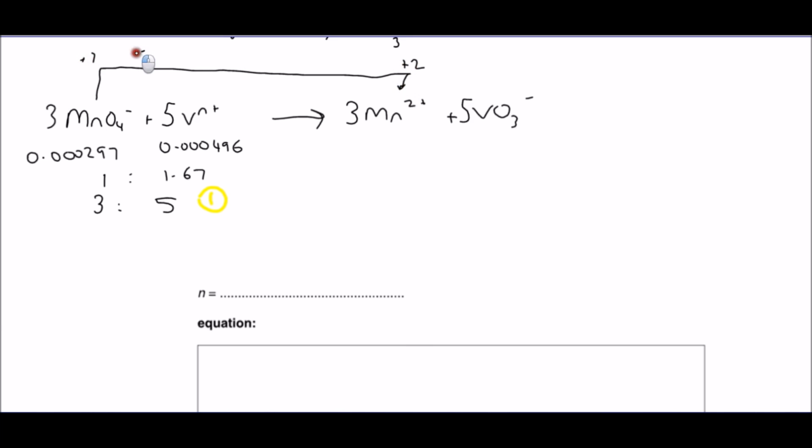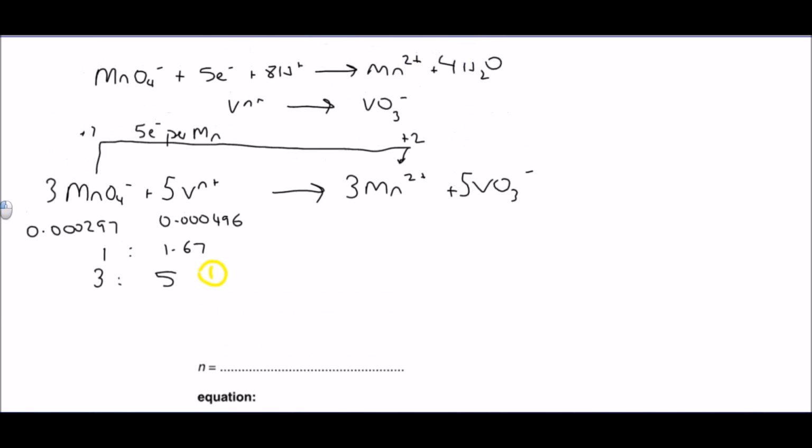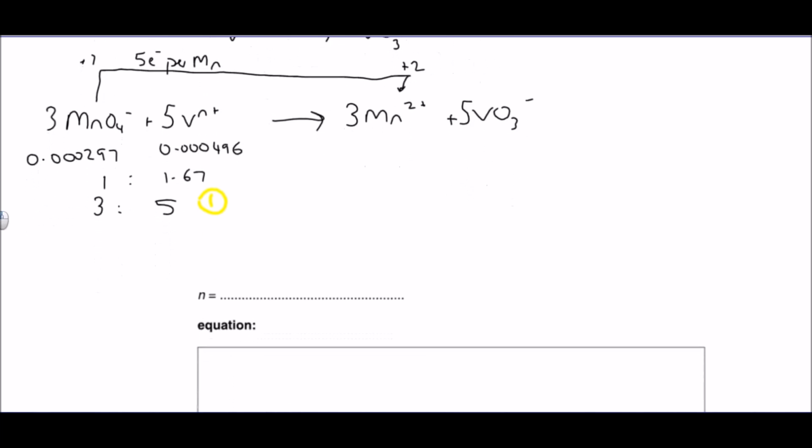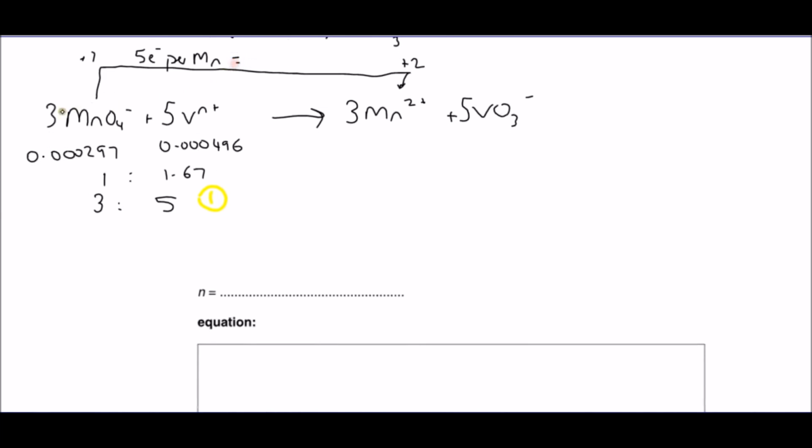And there is a change of 5 electrons per Mn. You can see that because we're going from +7 to +2, or you could even look in this equation and say, well, each Mn changes by 5 electrons. We've got 3 Mns, each one's changing by 5, that's a total change of 15 electrons in that equation for the manganese.